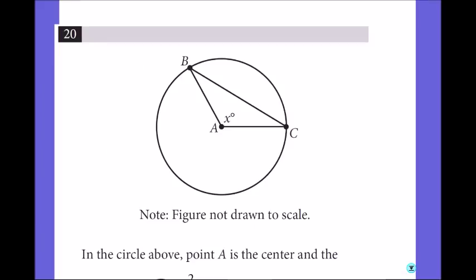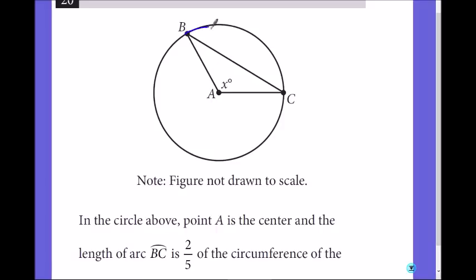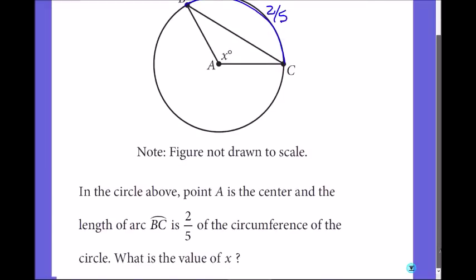In the circle above, point A is the center, okay? And the arc length BC is 2/5 of the circumference. So that's the ratio. What is the value of x?